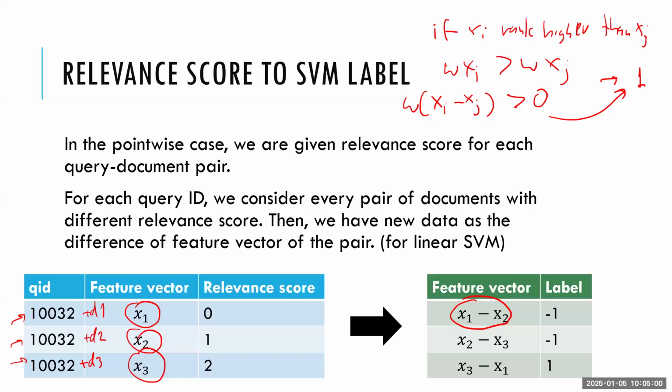For example, I have x1, x2, right? x1 has a score of 0, x2 has a score of 1, so x2 should rank higher than x1. So in my new database, I will have x1 minus x2 as my feature, and I will assign a label of -1, right? Because x2 is ranked higher.